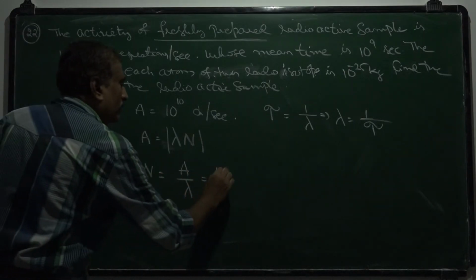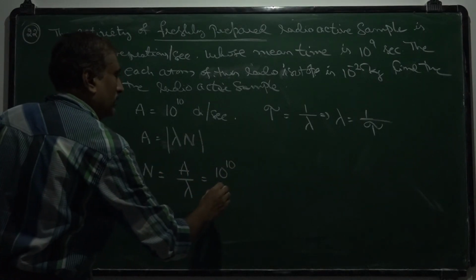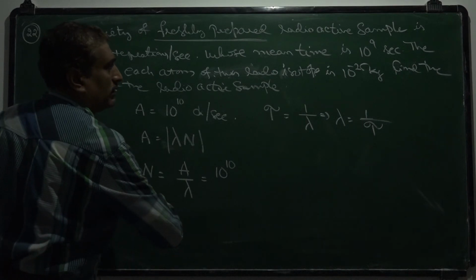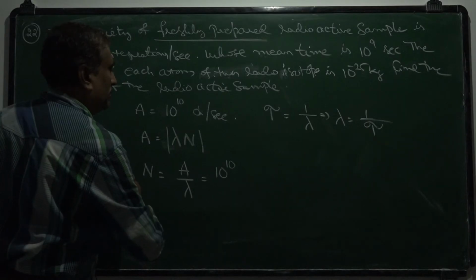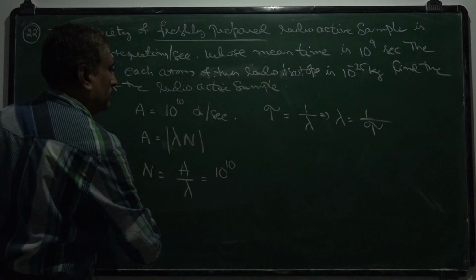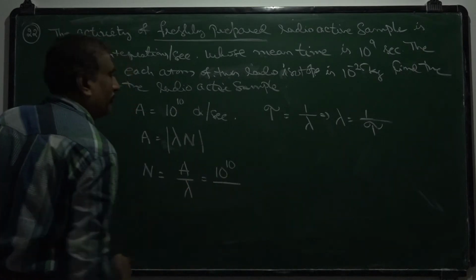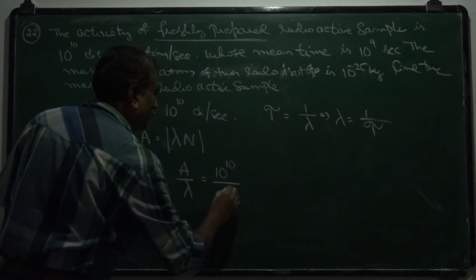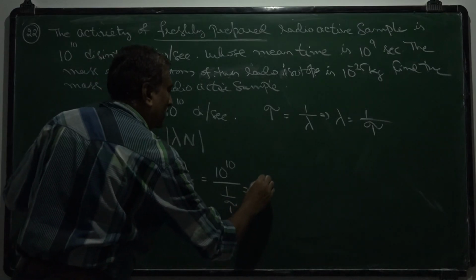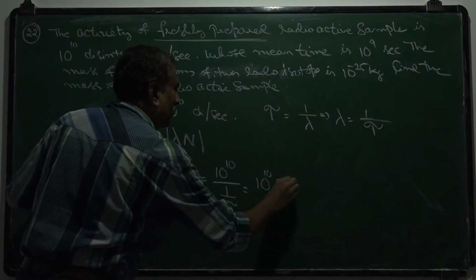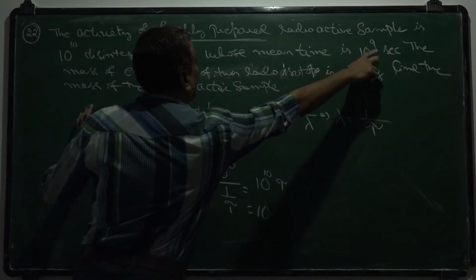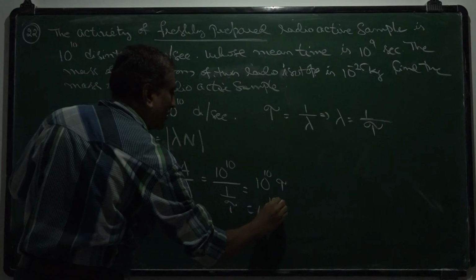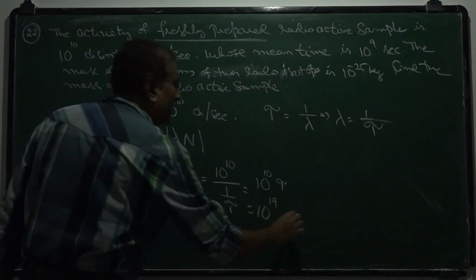That is 10 to the power 10 by lambda, which is 10 to the power 10 into tau, and tau is given as 10 to the power 9 second. So directly you can write 10 to the power 19 number of atoms.